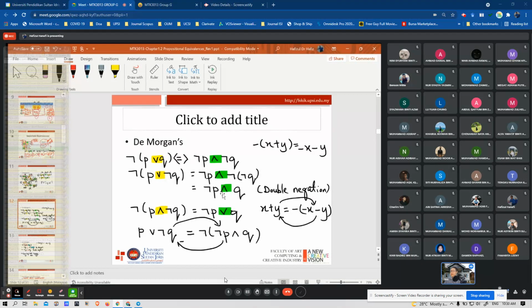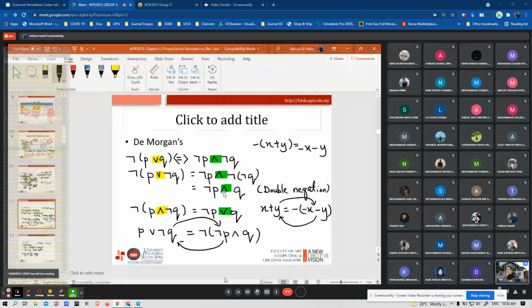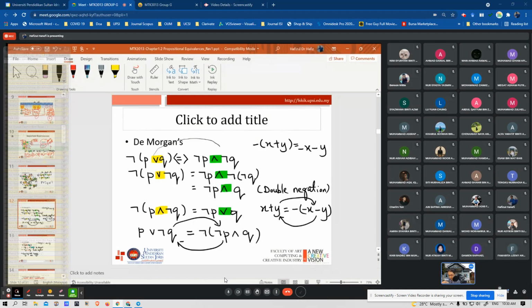It is different from the De Morgan law. With De Morgan law, you want to open up the bracket. Here we negate P, it is different, or when you open up, the output will be and.